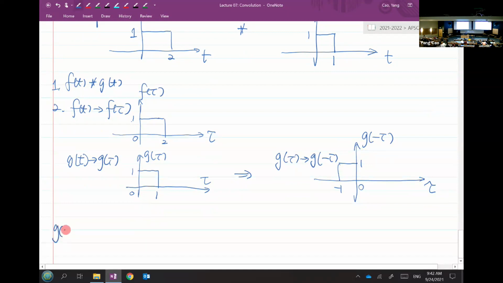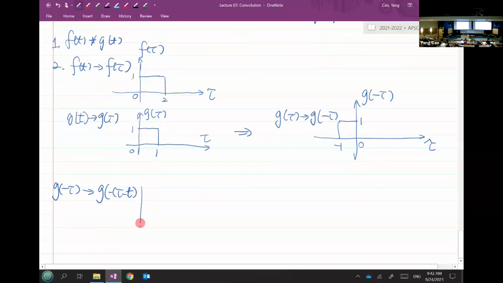So g of negative tau to g of negative tau minus t. So this step is a critical step. You have to plot it very precisely, right? Precisely, and also label it precisely.